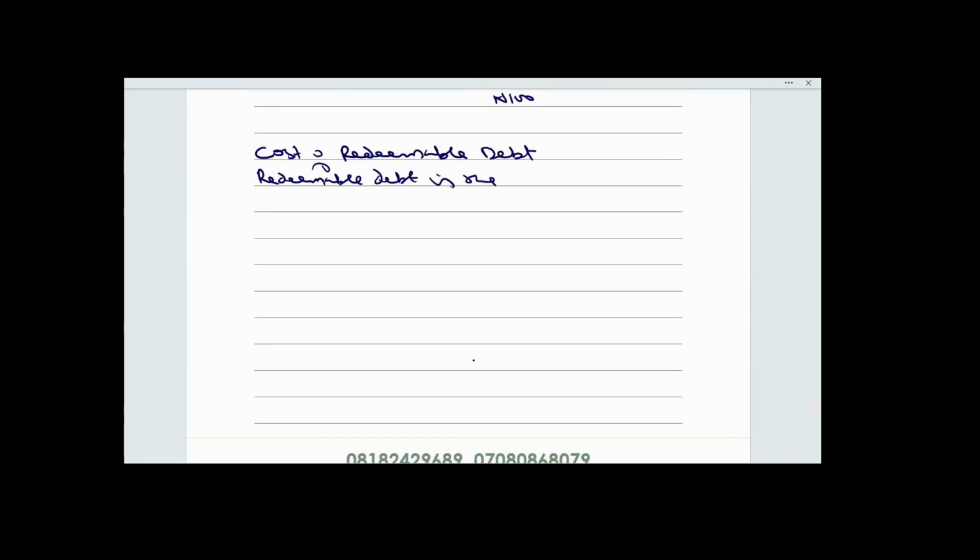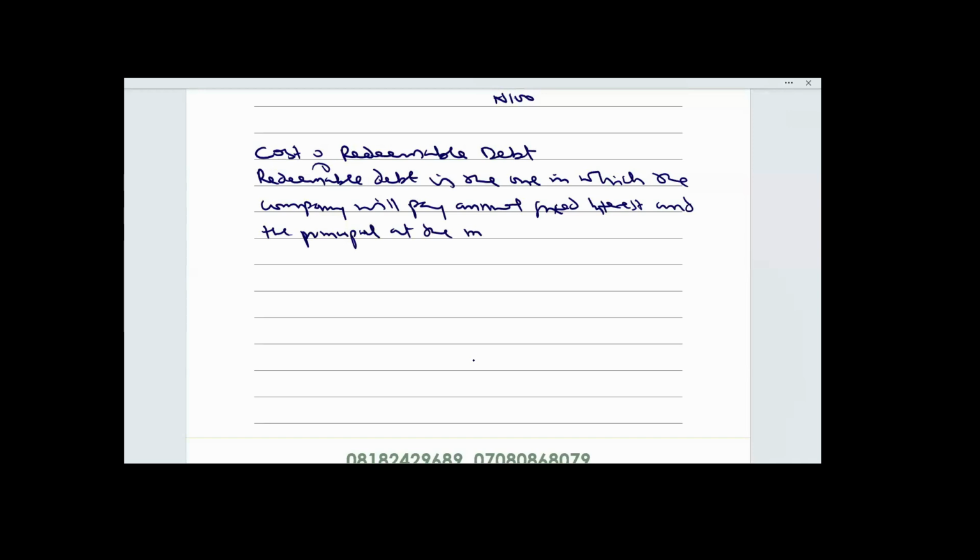is the one in which the company will pay annual fixed interest and the principal at the maturity date.